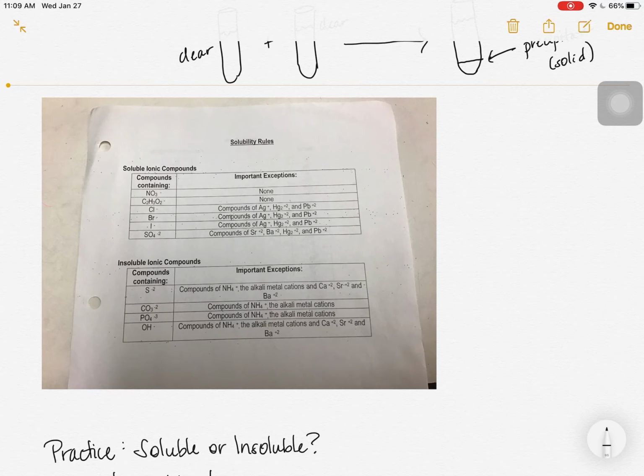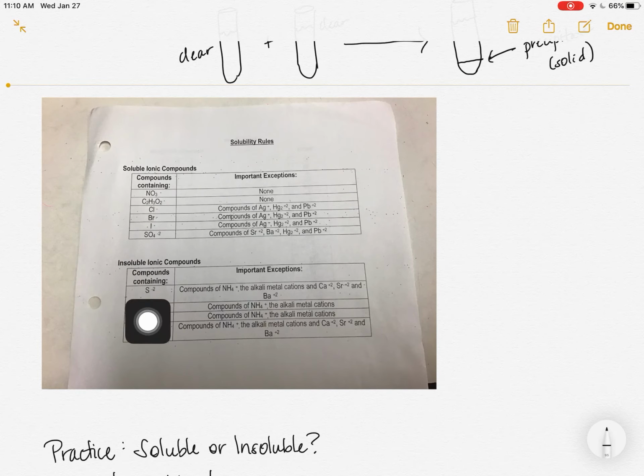And so the way we're going to answer that is with something called solubility rules. There are lots of ways to present these rules, lots of different charts, and this is the chart that I use. It's broken into two separate sections. The top chart has the title soluble ionic compounds, and the bottom chart has the title insoluble. The way we're going to use this chart is to look at the anion in a particular compound.